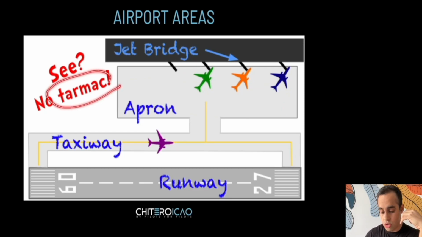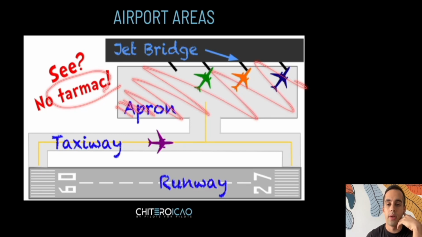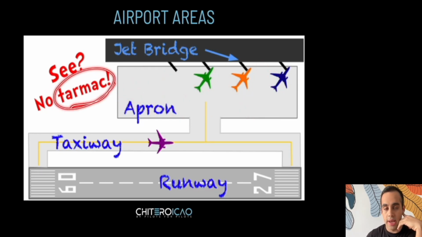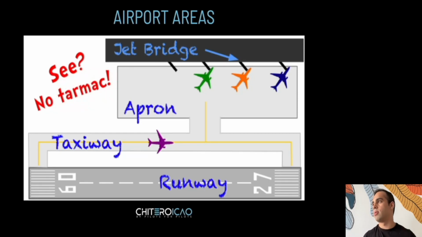But people used to call this tarmac in the past because that was the material used on the ground. But this is actually a brand's name, a company's name. So we don't call it tarmac anymore. Of course, I'm talking about the correct, technical aspect of everything.